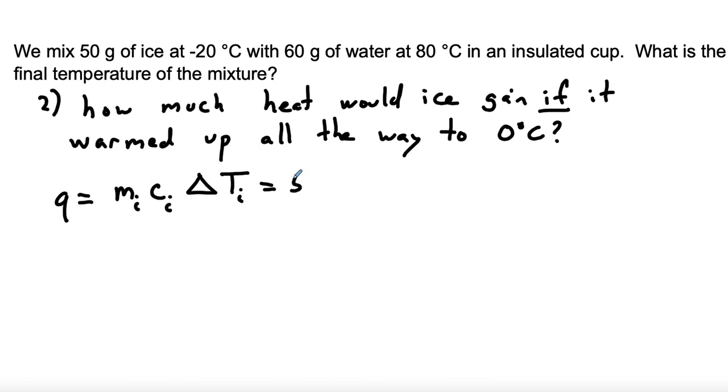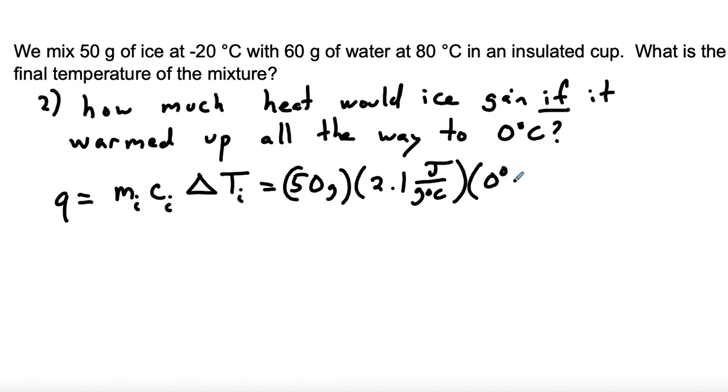So we've got 50 grams of ice, and we have a heat capacity of ice. If we look at our equation sheet, we can see that it is 2.1 joules per gram per degree C. And our delta T here is a T final of 0 degrees C minus our initial, and our initial is a negative 20.